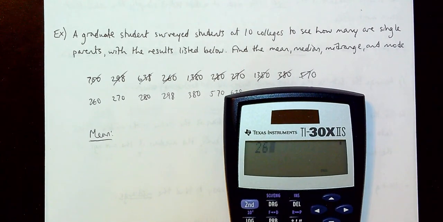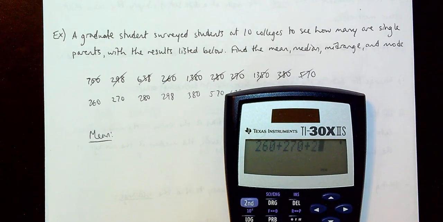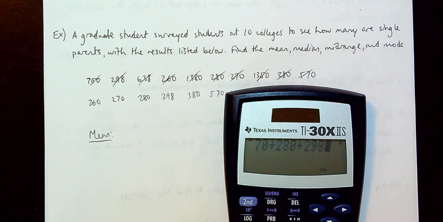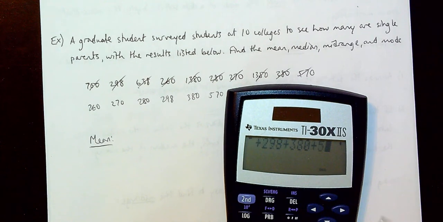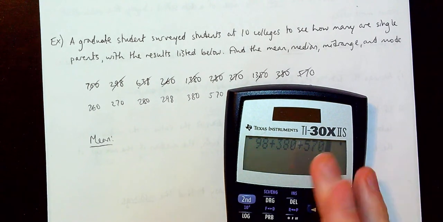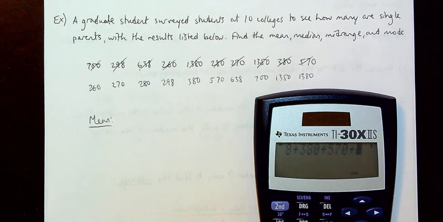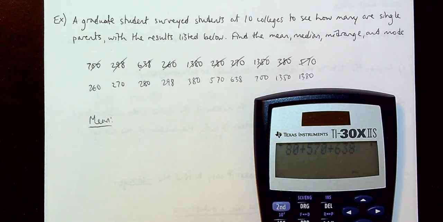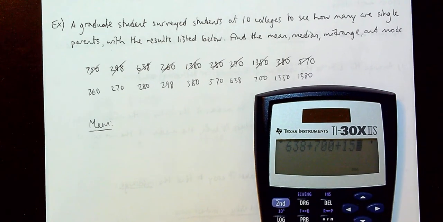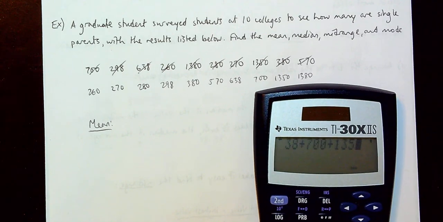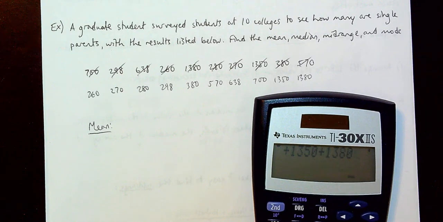So 260 plus 270 plus 280 plus 298 plus 380 plus 570 plus 638 plus 700 plus 1350 plus 1380.